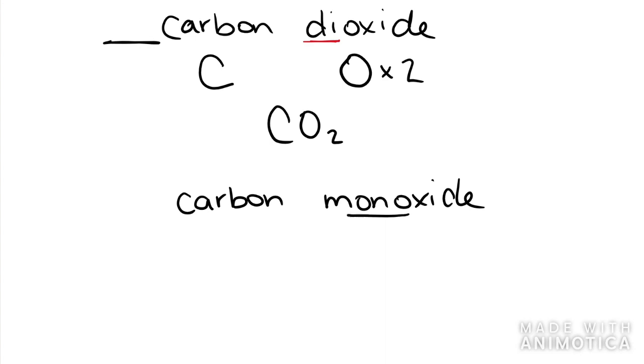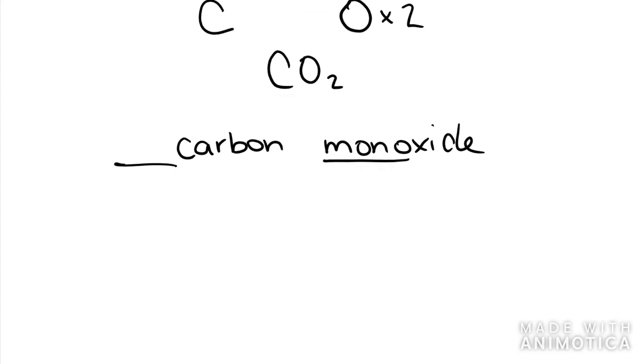So mono means one. So again, there's no prefix before the carbon, so I know that I just have one carbon. Oxide is our oxygen, and because it says mono, we only have one oxygen. So this formula is going to be CO. That's it. It's a 1-to-1 ratio.